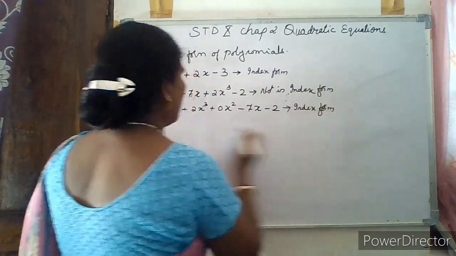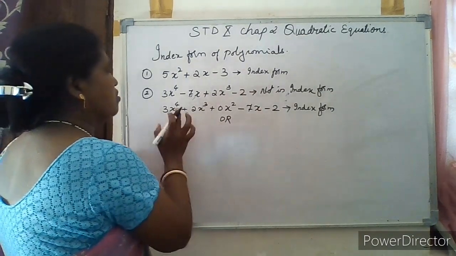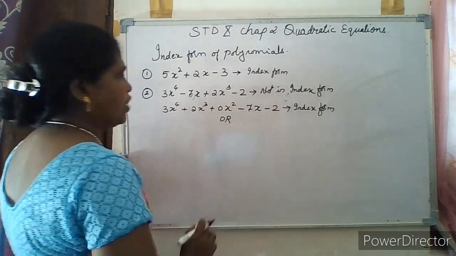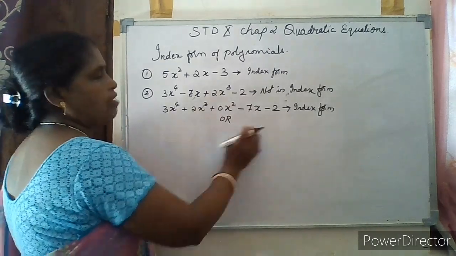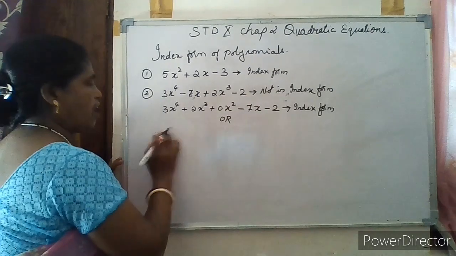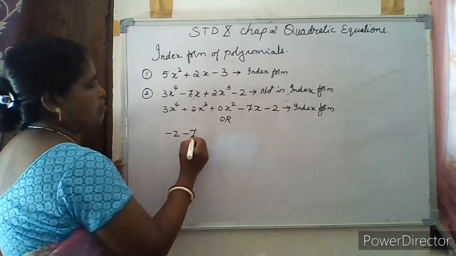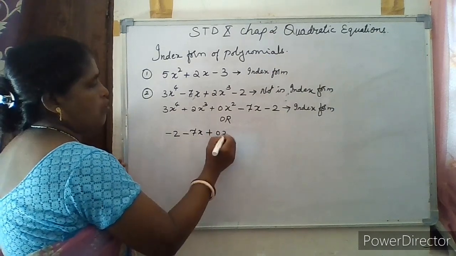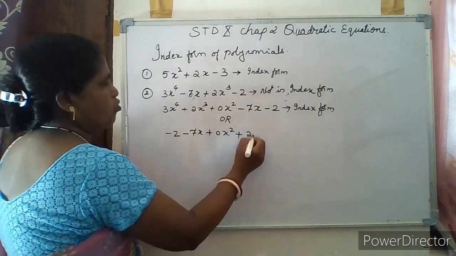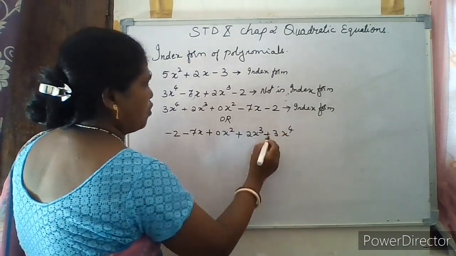This index form is in the descending order of the power of the variable. It can also be written in the ascending order of the power of the variable. I can write it in the opposite way. Minus 2, the constant term, minus 7x plus 0x squared plus 2x cubed plus 3x raised to 4.